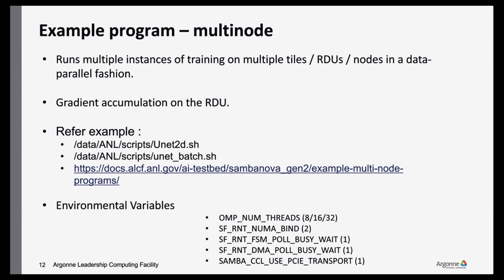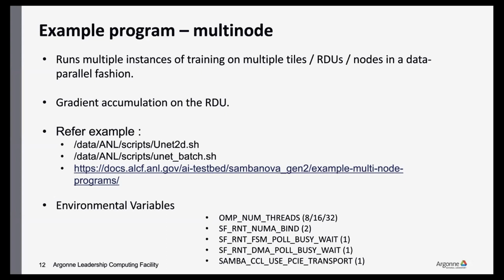If you open up these scripts, the main things you would want to look at are the different environment variables, which are usually required for efficient running of these applications on the system.